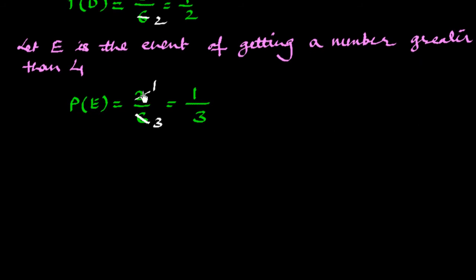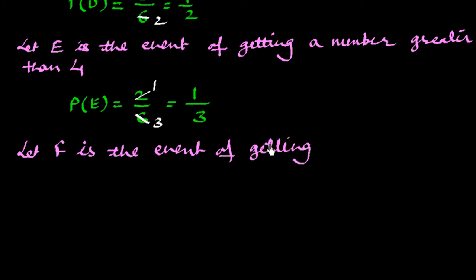Now we get another event. Let F be the event of getting 7. So look at here, how many 7s we have in the sample space.